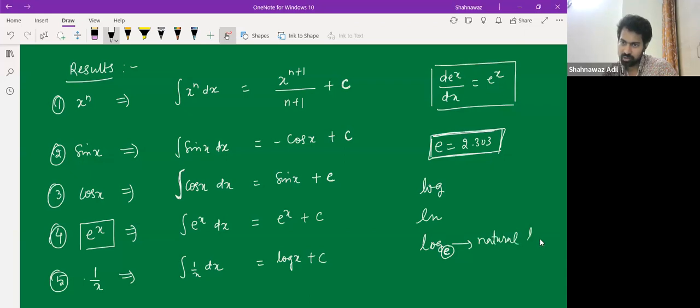And for the other log, generally the base is 10. So e is related with that. Understood? Yes, sir.